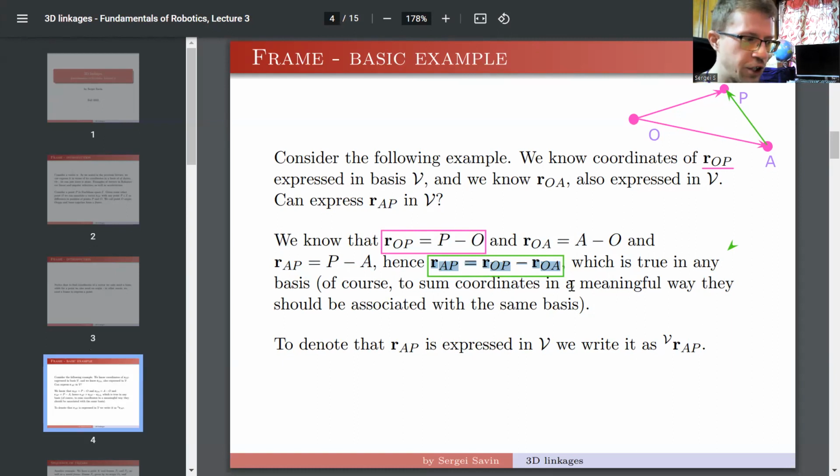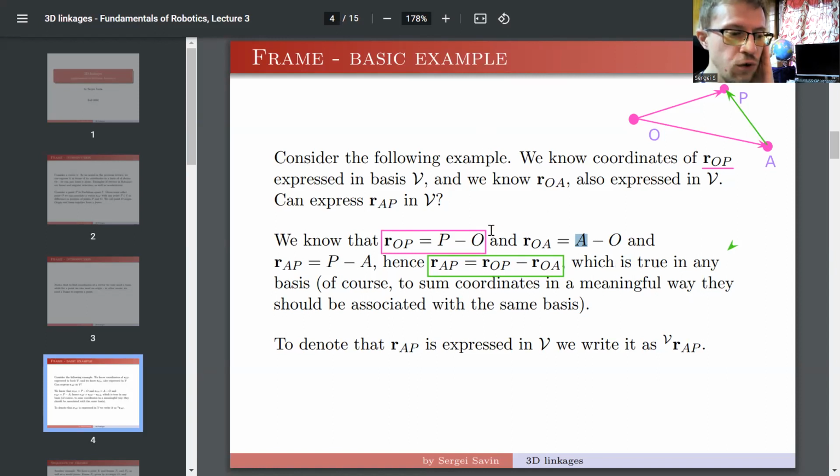Notice that the final expression does not involve freestanding points. Those freestanding points, you can talk about them as coordinates with respect to origin, right? But that just creates new entities.